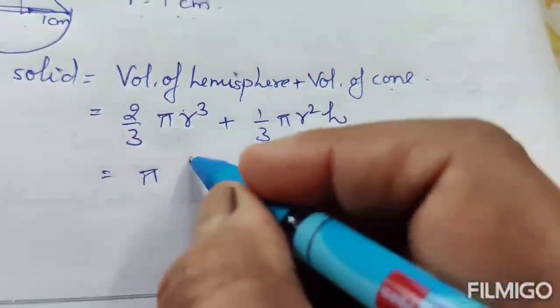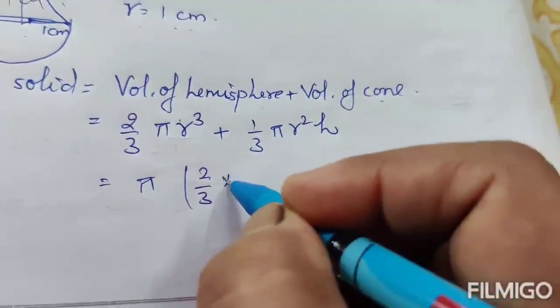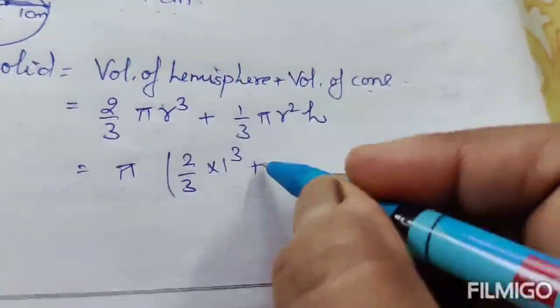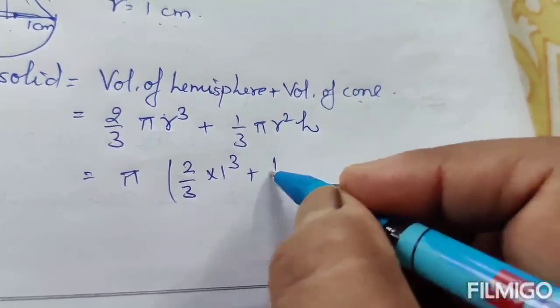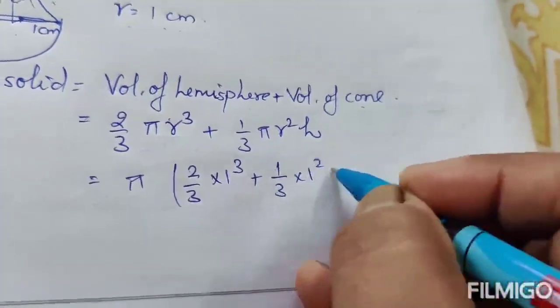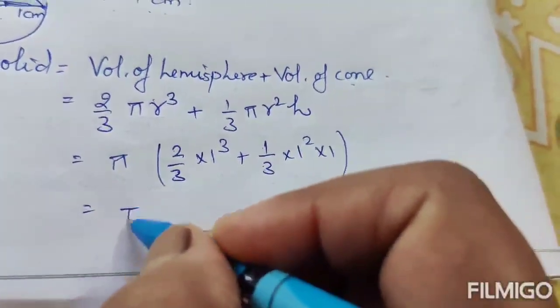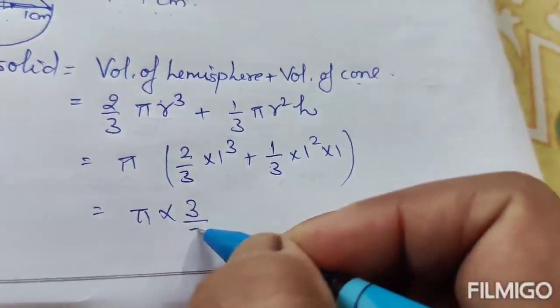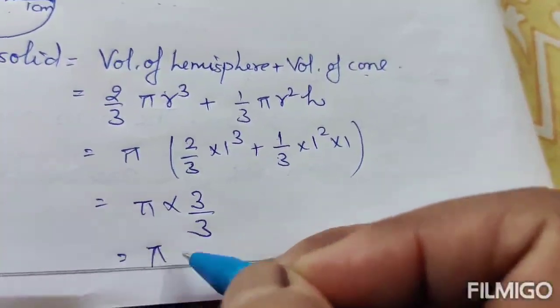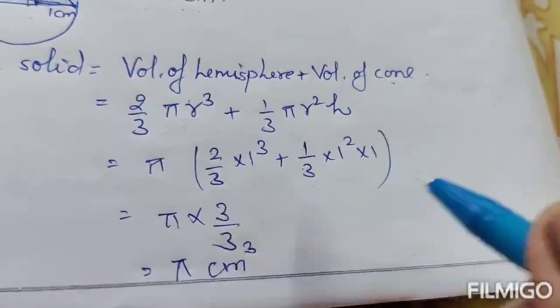Taking pi common, 2 by 3 into 1 cube, and 1 by 3 into 1 square into 1. So 2 by 3 plus 1 by 3 is 3 by 3, pi into 3 by 3. The volume is pi centimeter cube.